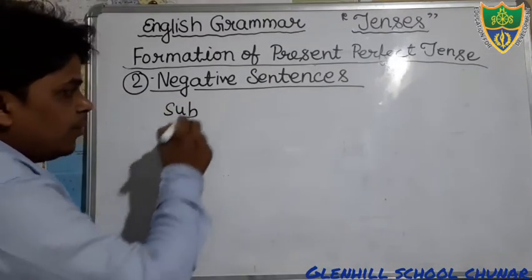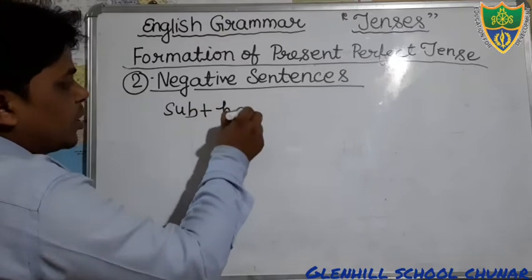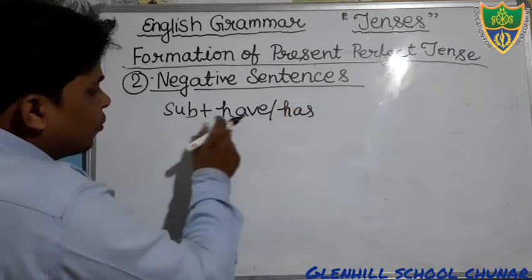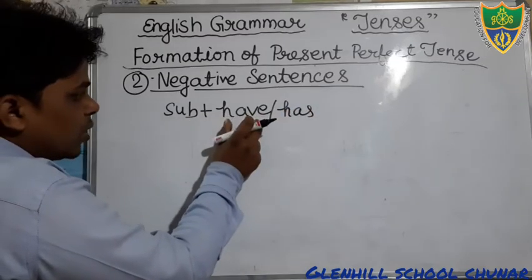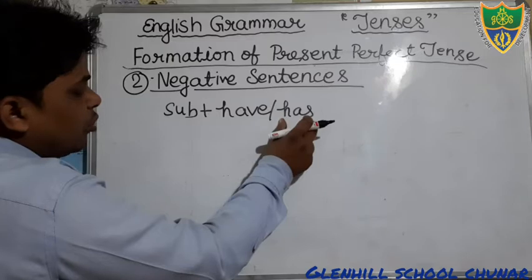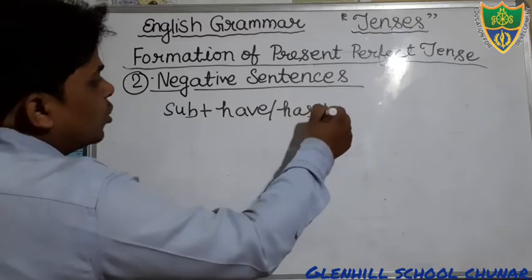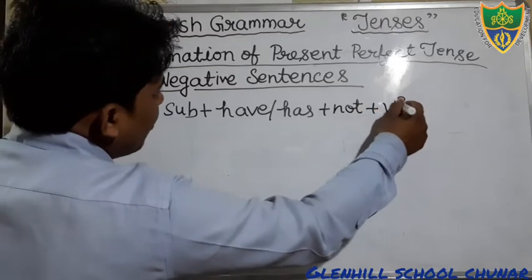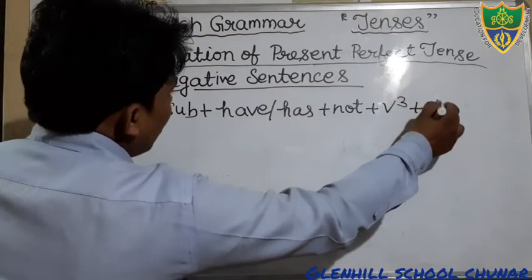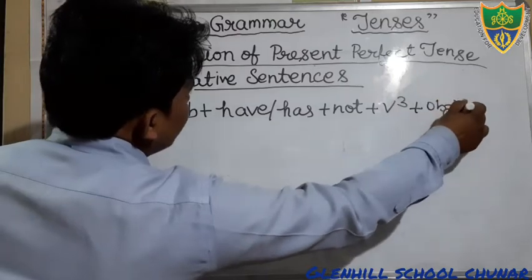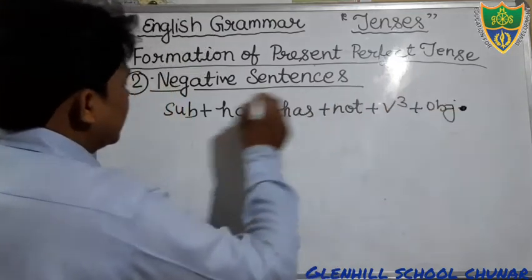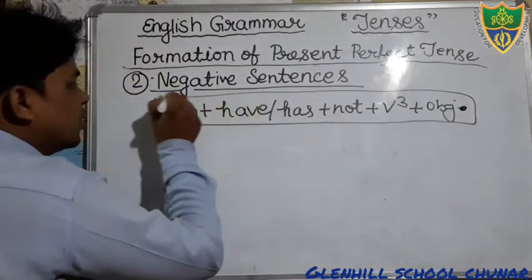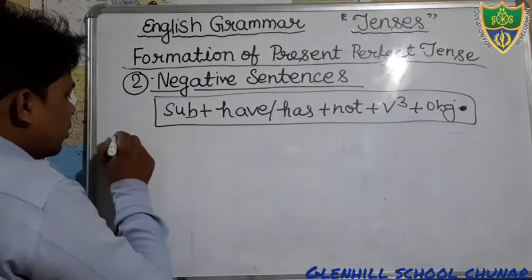There will be a subject and the helping verb will be the same, have or has according to the subject. If your subject is plural, you will use have. If your subject is singular, you will use has. Then after that you will use the negative word not. Then the third form of the verb. Then the object. Then you can use a full stop. This is your structure of a negative sentence of present perfect tense.